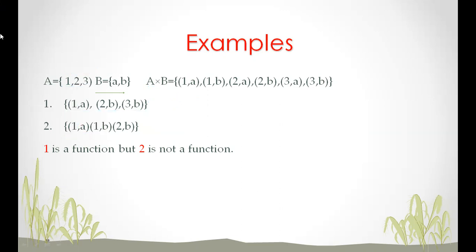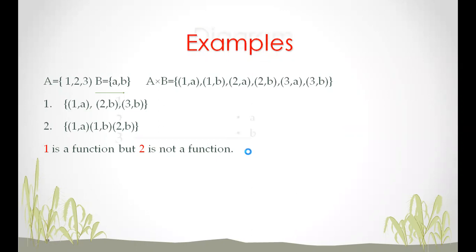So according to our definition, our first example is a function and our second example is not a function. They are both relations, but one is a function because it satisfies the condition of a function, and the other is not because it does not satisfy the condition.